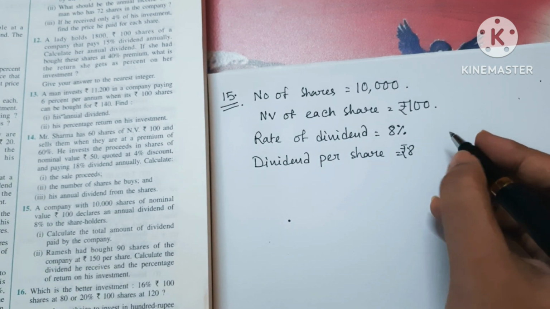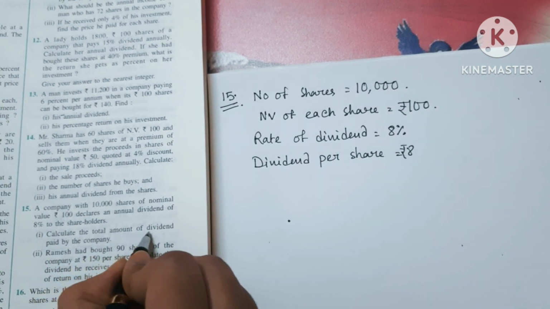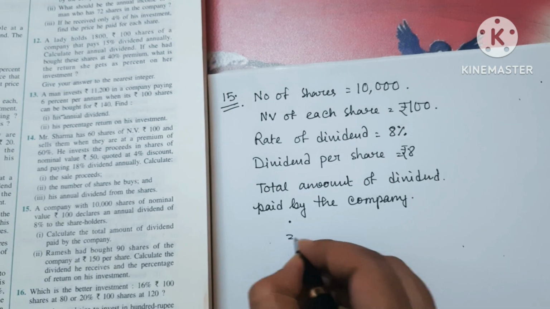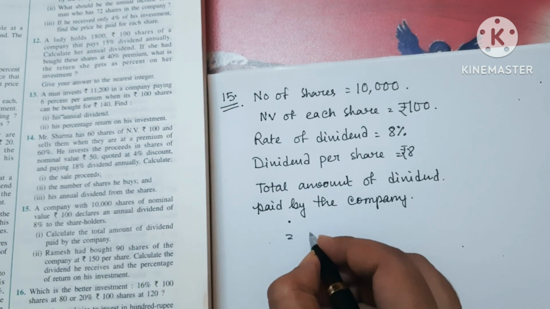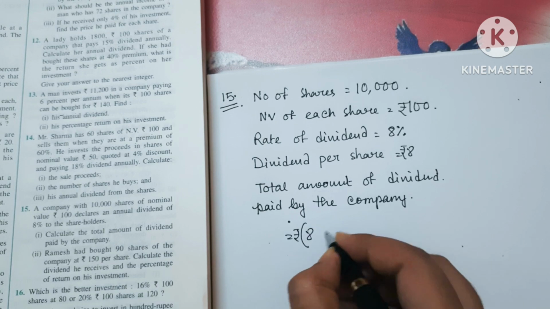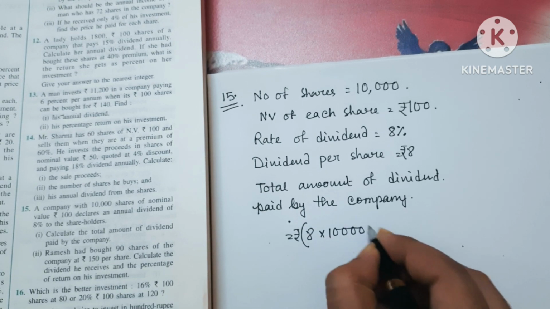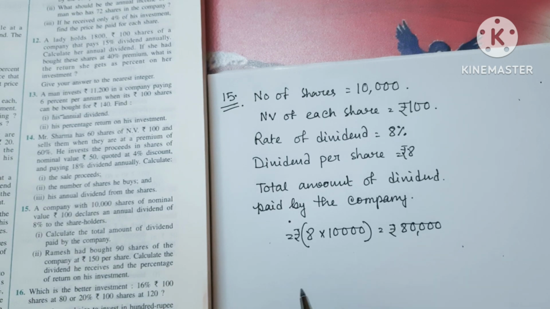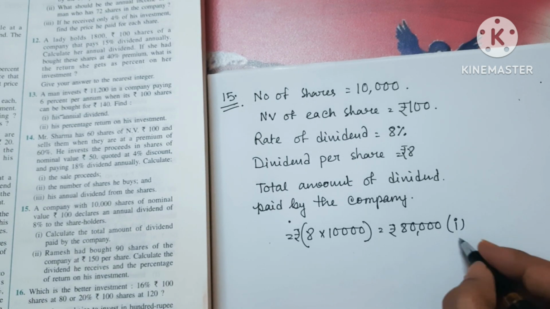So the total will be 8 into 10,000, that means 80,000. Okay, this is the answer of question number 15.